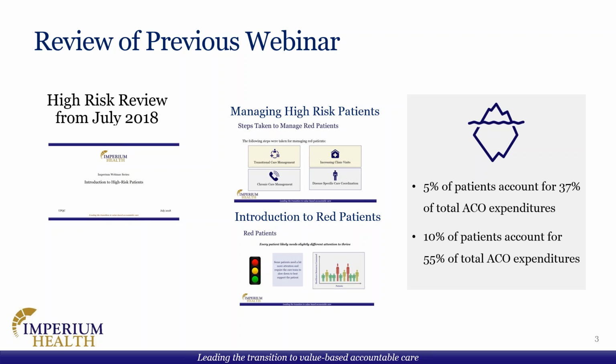We then really spent time reviewing the red patients and how that idea of some patients needing just a little bit more attention because they're slightly more vulnerable can make such a difference in helping to improve the outcomes for our patients. Now, this is such an important topic for us because we know that about 5% of our patients account for about 37% of our ACO expenditures, and about 10% account for about 55% of our ACO expenditures.